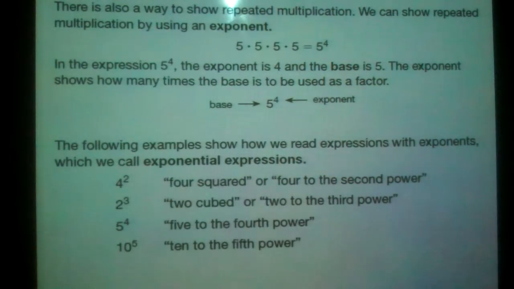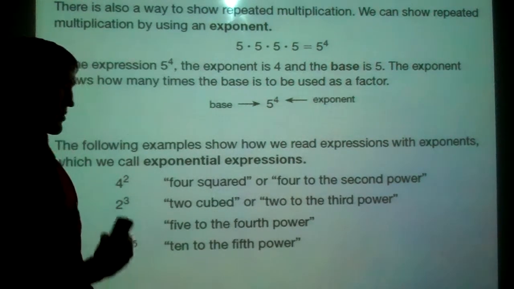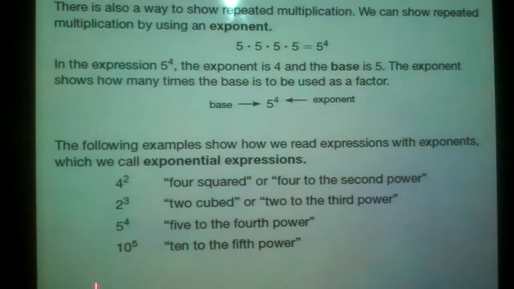Alright, and these examples just show exponential expressions, some big words here. 4 to the 2nd power, we could say 4 to the 2nd power, or we could say 4 squared. The students are going to hear me say squared a lot, because a lot of what we deal with will be 2 to the 2nd power, so I'll be saying squared to save time.